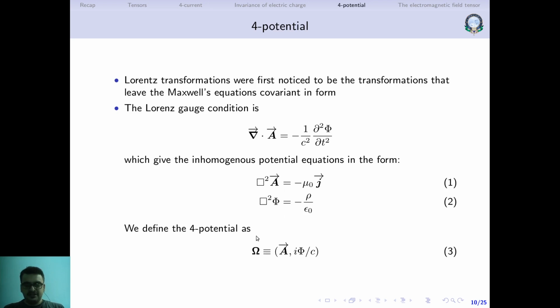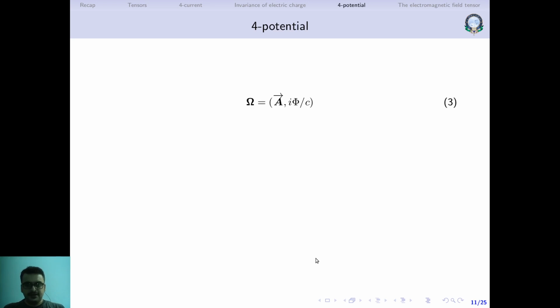So this is how we construct them. The 4 potential omega, we write as the first 3 components same as the vector potential, and the last component from the scalar potential, written as i phi by c. So this is our 4 potential.